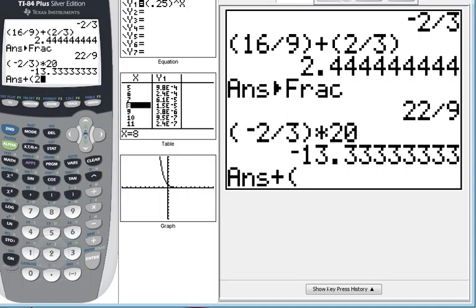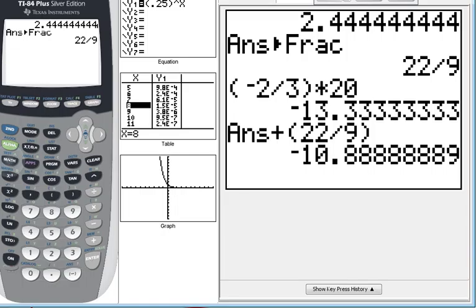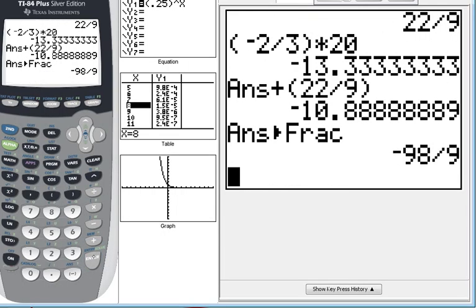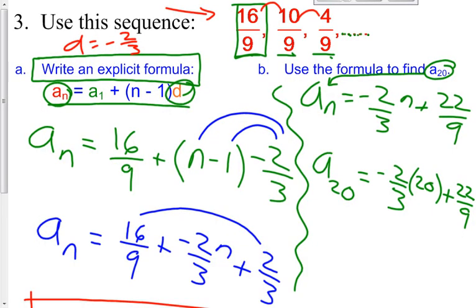And I get the value of negative 98 ninths. A sub 20 equals negative 98 ninths.